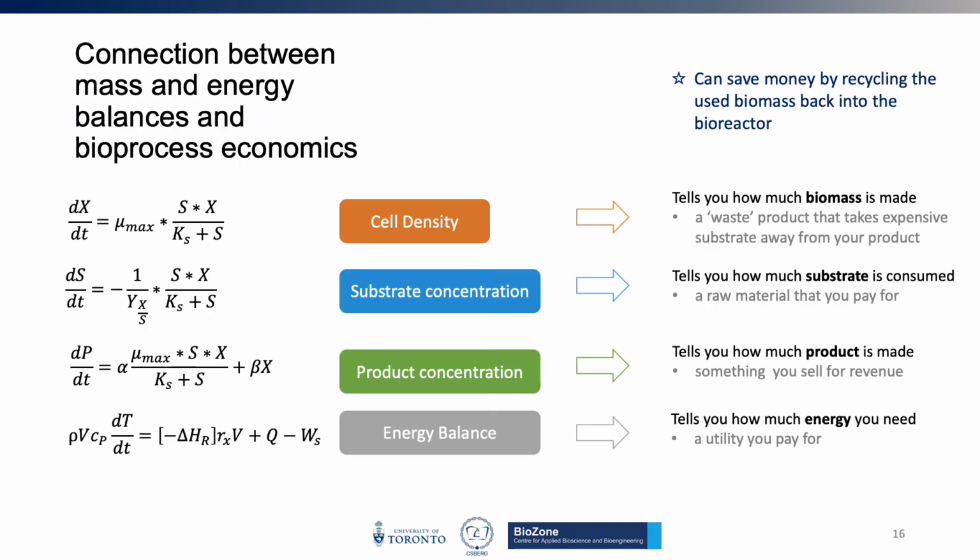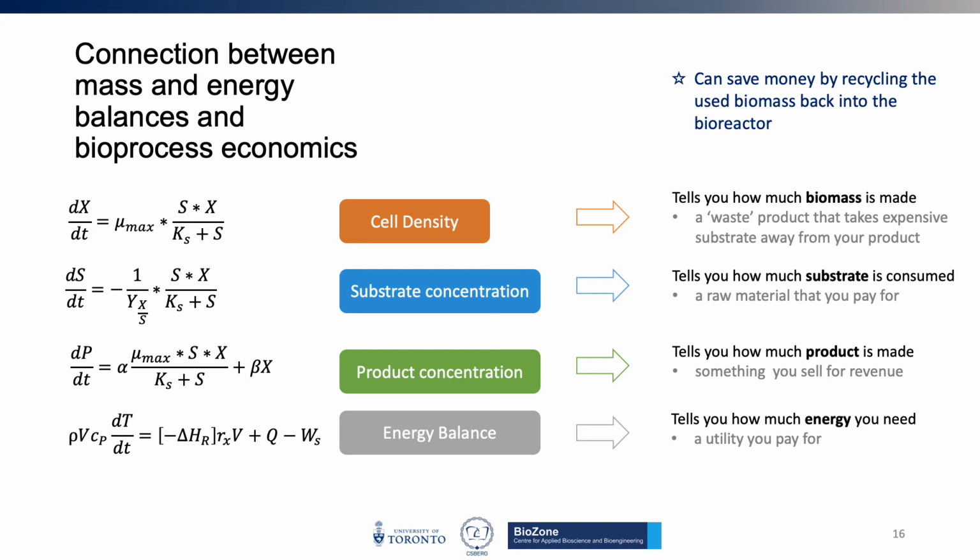So what's the connection between the mass and energy balances that we just saw and bioprocess economics? Each of these equations tells you something that you need to know for bioprocess economics. The cell density equation tells you how much biomass is made, and biomass in terms of economics is a waste product that takes expensive substrate away from your product.